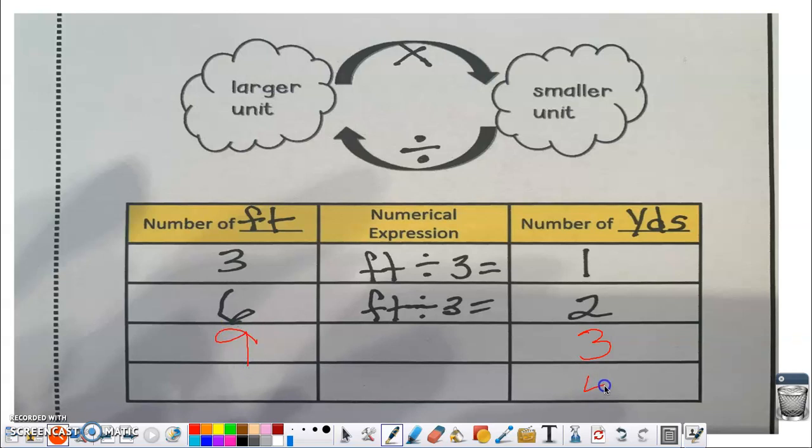And if I had 4 yards, 4 times 3 is 12 feet.